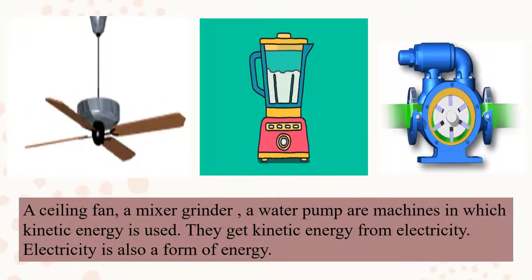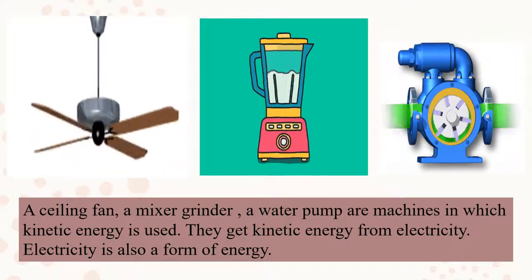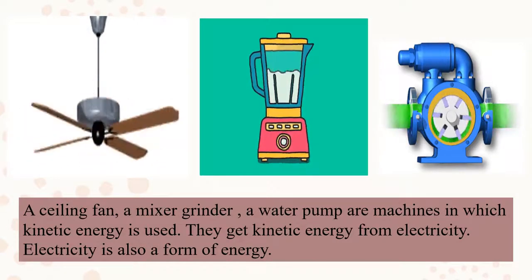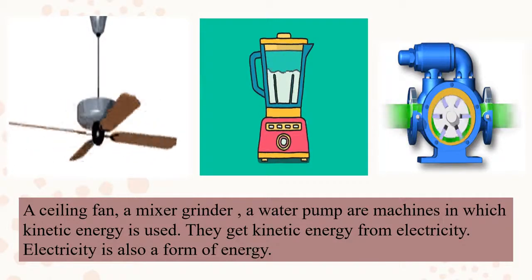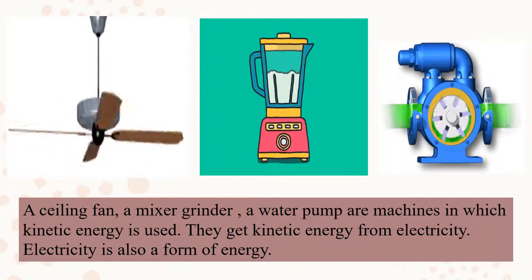A ceiling fan, a mixer grinder, a water pump, these are all machines which are used in our house every day, and they are also examples of kinetic energy that we make use of. They get kinetic energy from electricity.